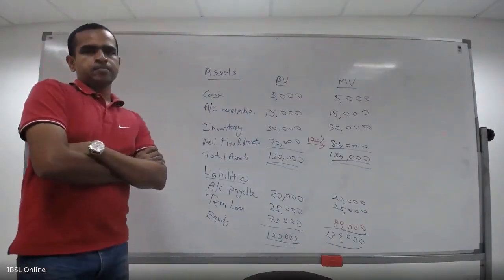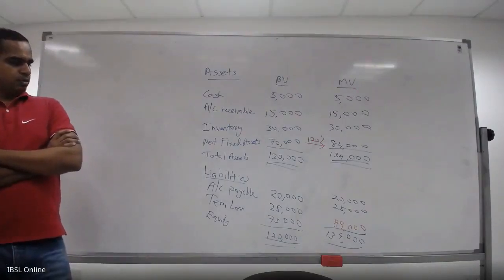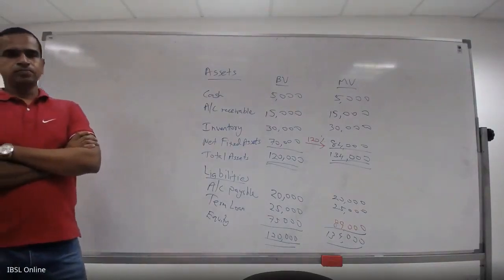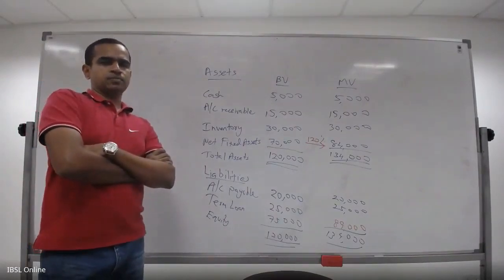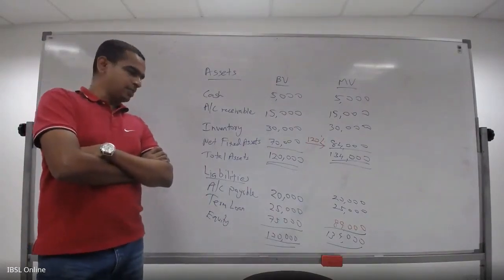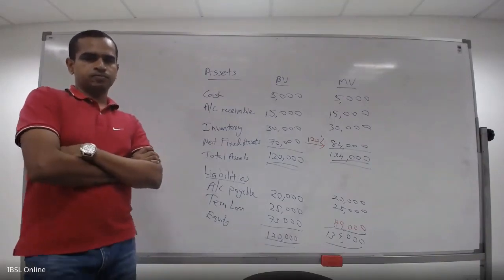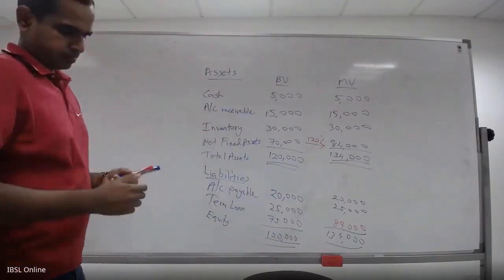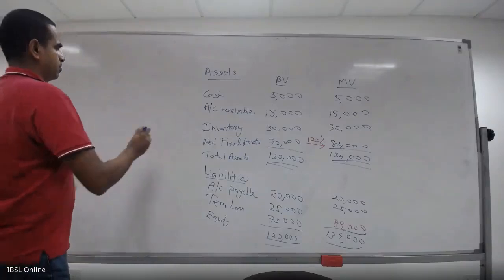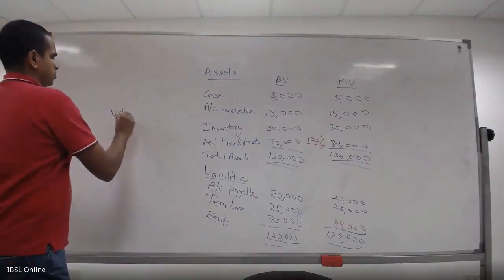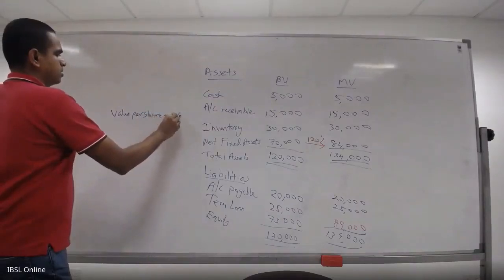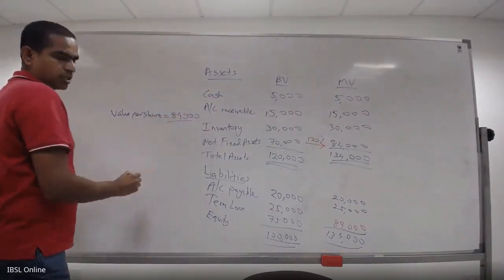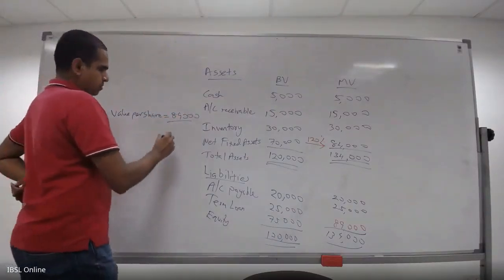So now the total value of equity is 89,000. iPhone Limited has 1,000 shares outstanding. The value per share is total equity divided by number of shares, 1,000.